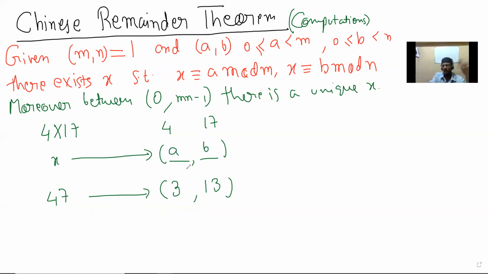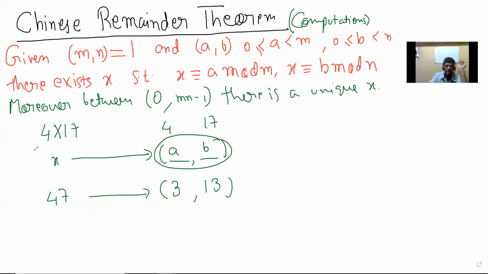But today and even last day, we saw it in a slightly different way. Let's not go there again. The point is that we understand that given any a comma b here, it comes from a unique x.